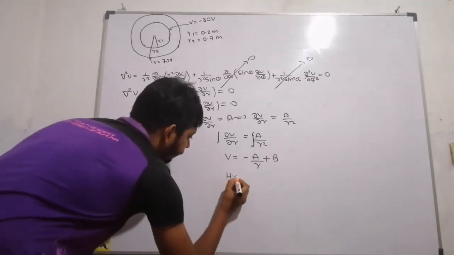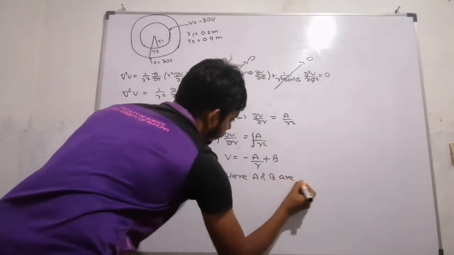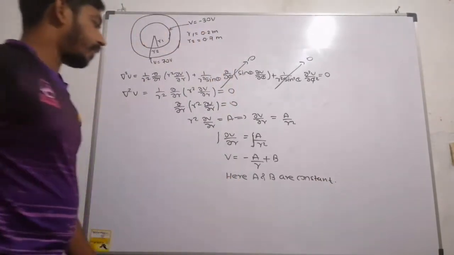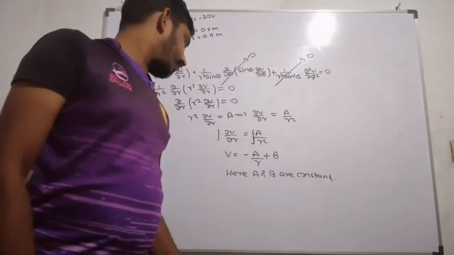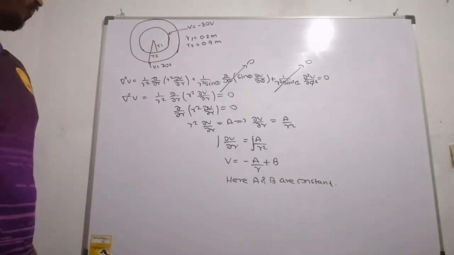Here A and B are constants. We need to find out this A and B. Okay, let me do this.